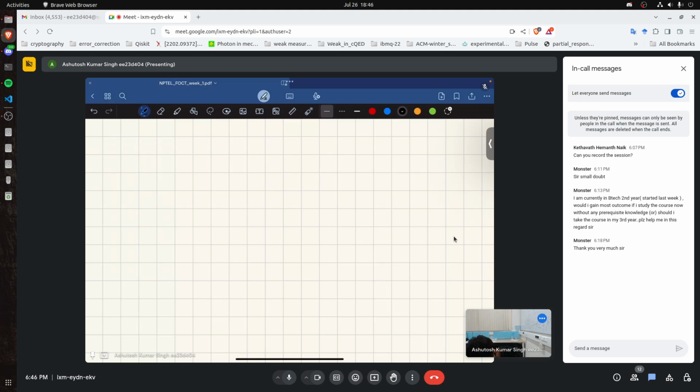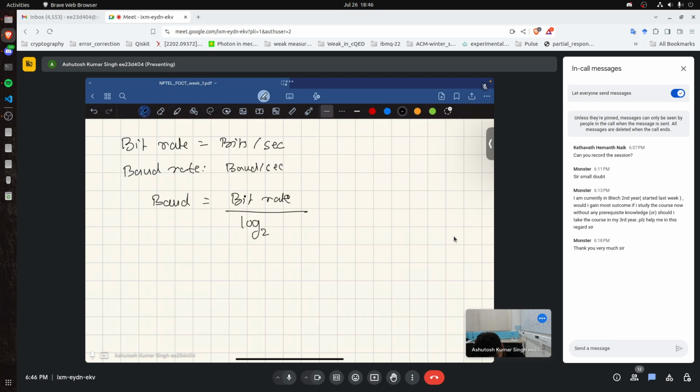So the relationship is: bit rate, which is given by bits per second, and baud rate, which is given by baud per second. They are related by: baud rate is equal to bit rate divided by log 2 of m, where m is the levels or quantization.